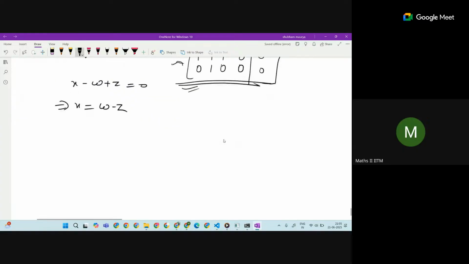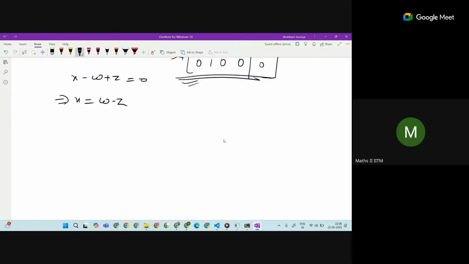So you have x is equal to w minus z, y is equal to minus w, and this tells you that you have free variables w and z.